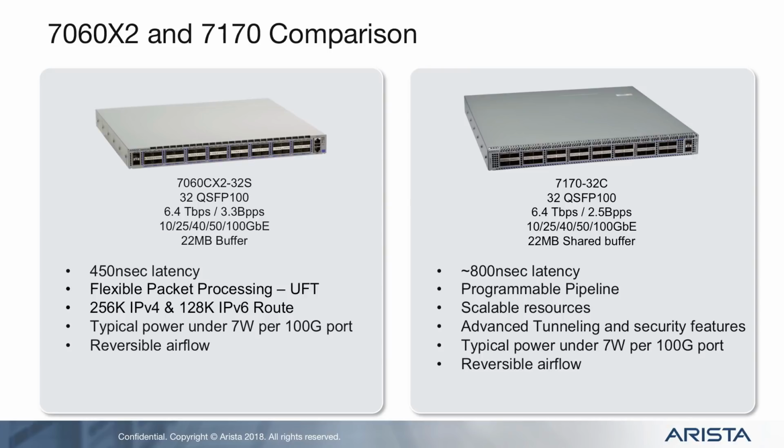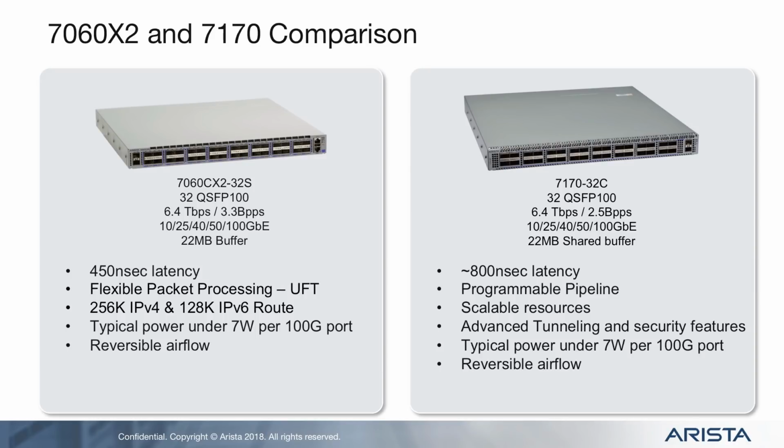Similarly, the 32-port 7170 is comparable to the 7060 X2 or 7050 X3 series, which offers 32 ports of 100 gig in 1RU form factors. All these products support a broad range of speeds, making them ideal for high-density leaf and spine deployments.